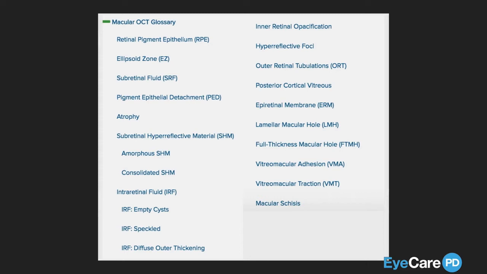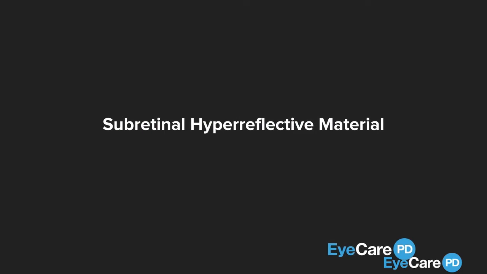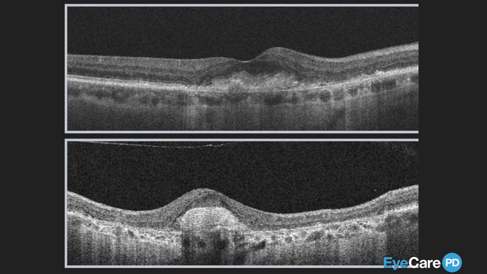So again, if we take a look at our giant glossary of terms that we can use, we're going to focus for just a few minutes on subretinal hyperreflective material. Both of these images demonstrate areas of subretinal hyperreflective material.